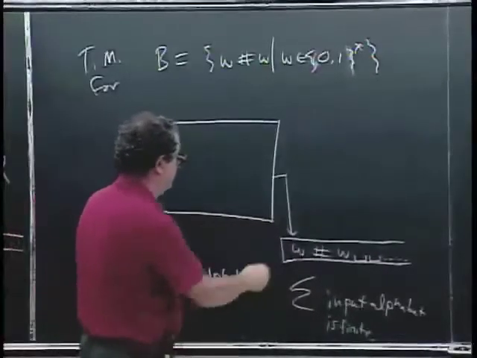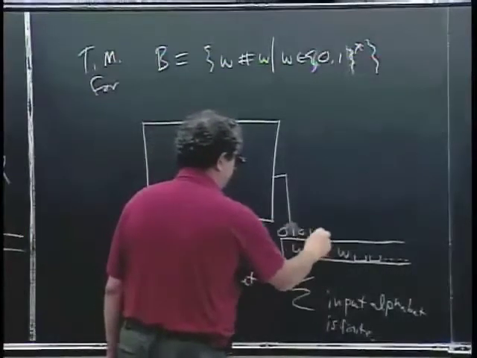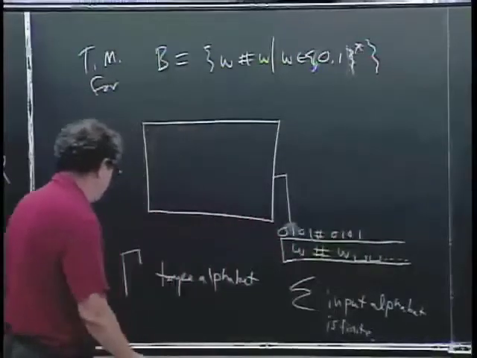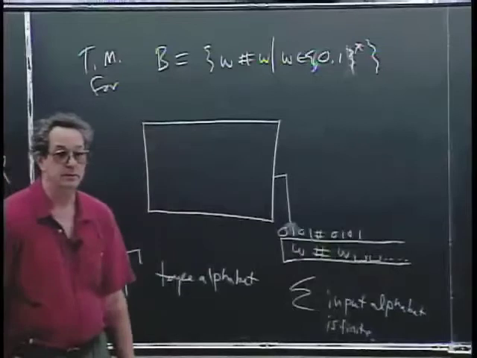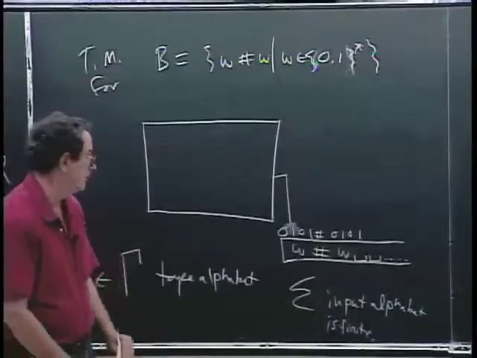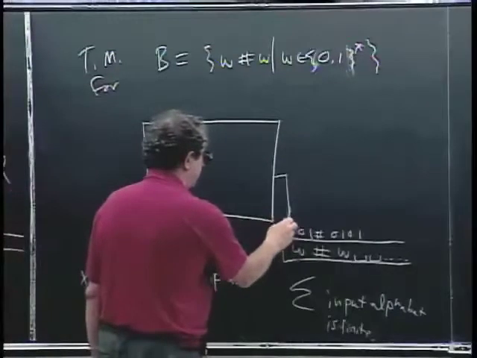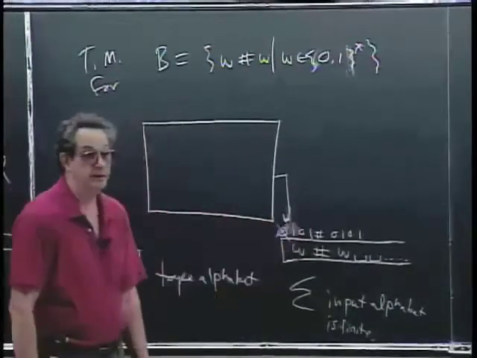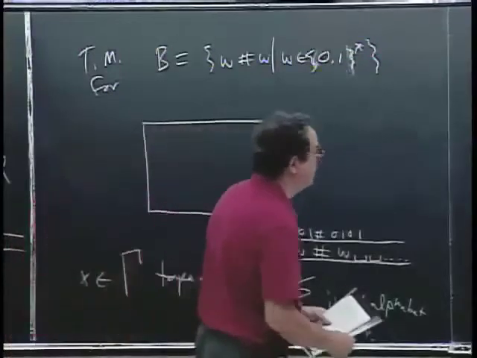So let's just have a little example here. Let's say this is 0101 hash 0101, and maybe the tape alphabet has an X in it. Okay, it's a symbol that's not in the input alphabet. So when the 0 is read here, we're going to replace it with an X, which is a good way of crossing it off.